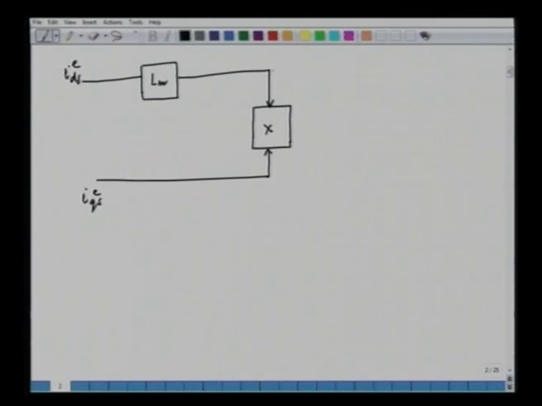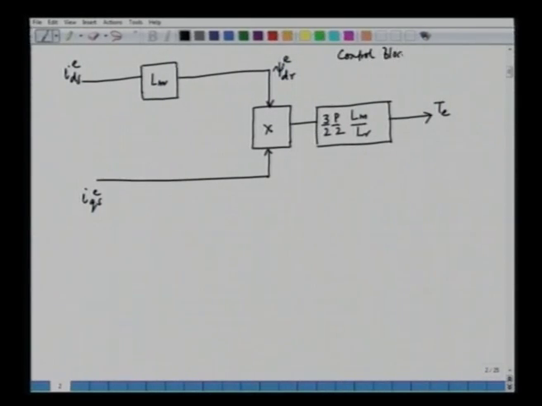What I will obtain here is psi dr, and here I have again a gain block. In this case, I can multiply by 3/2, P/2, into Lm/Lr, and output is my Te, and this is my control block diagram.